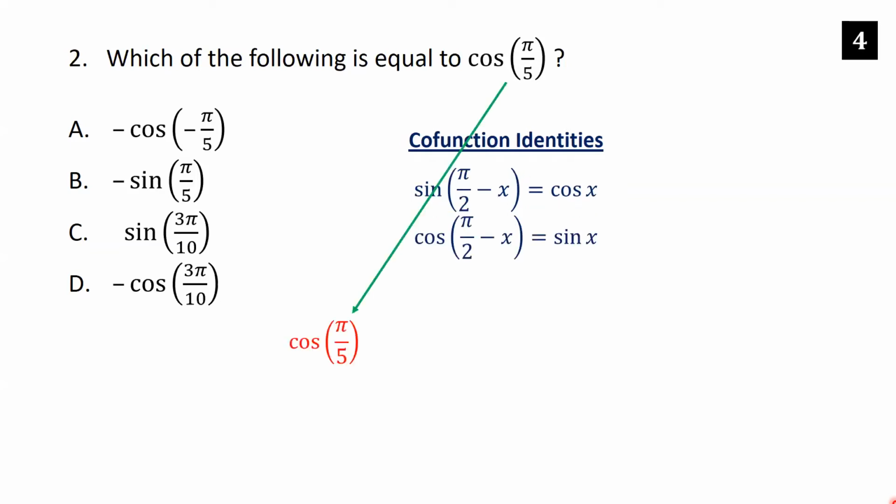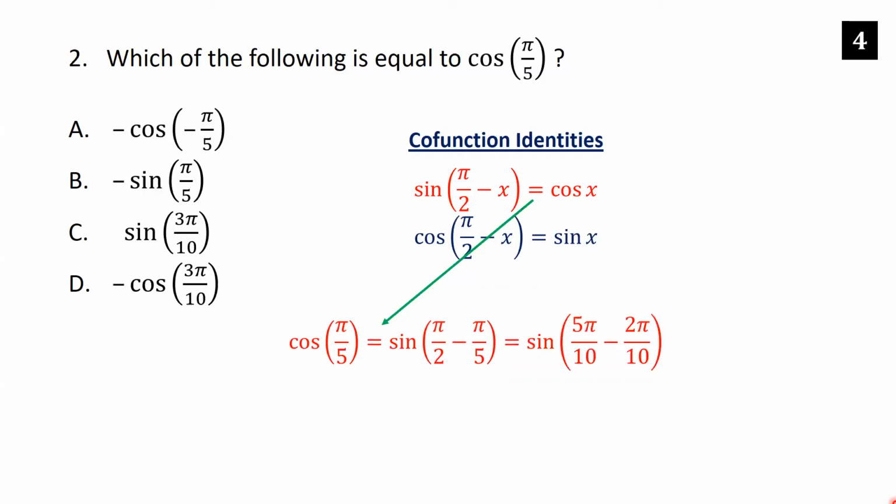And I'm going to go ahead and write cosine pi over 5. And using this first cofunction identity here, we see that that's equal to sine of pi over 2 minus pi over 5. Okay, so we do have to do just a little fraction work here, right?